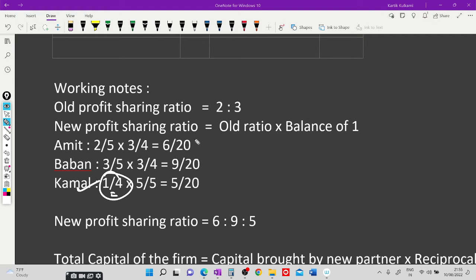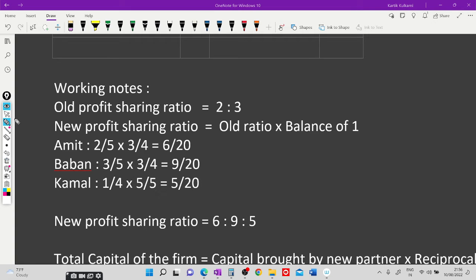But since the denominator of Amit's and Baban's share is 20, we have to convert 4 to 20 so that we can compare and come out to a ratio. Now since we have to convert 4 to 20, we can multiply both sides by 5, so that 5 4s are 20 and 5 1s are 5.